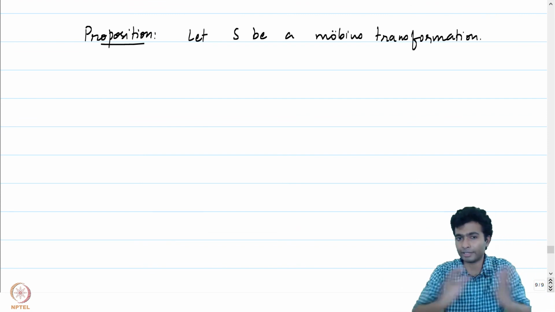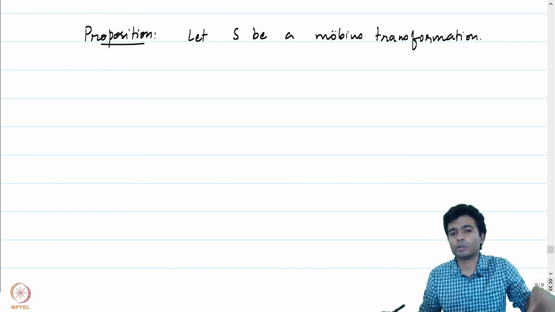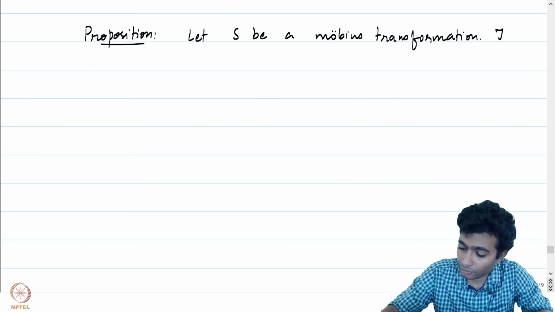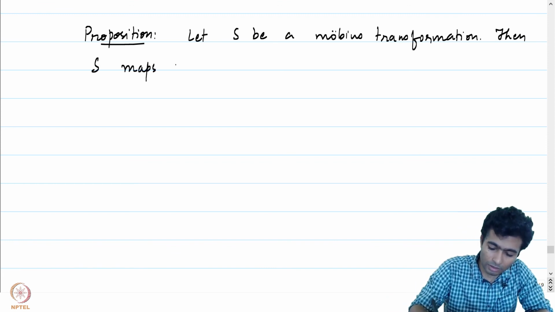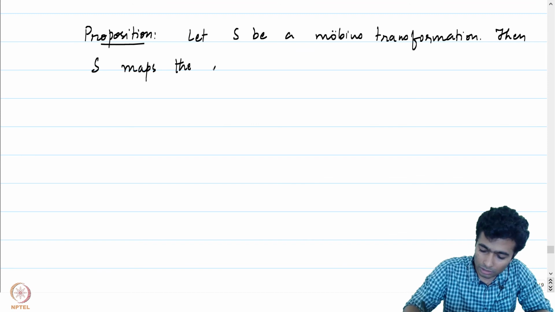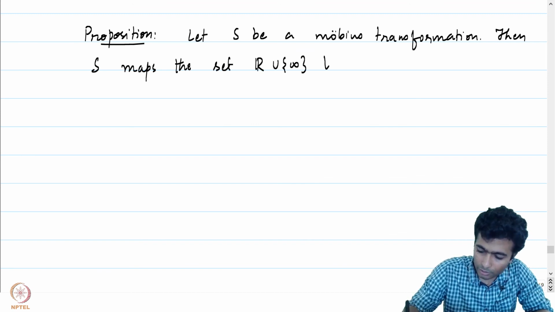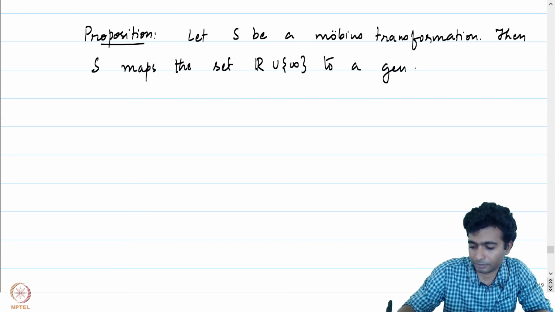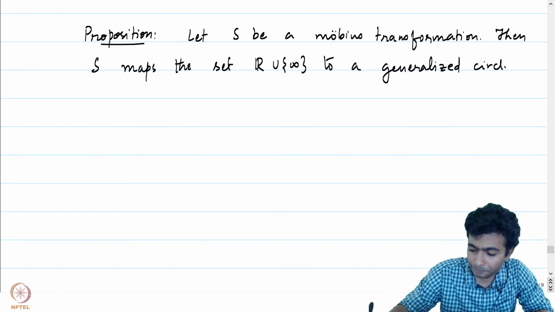Then S always maps the real line with the point at infinity to a generalized circle. That is, S maps the set R union infinity to a generalized circle. Let's prove this statement.